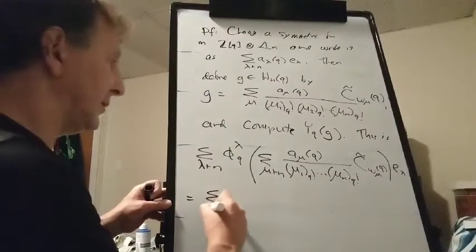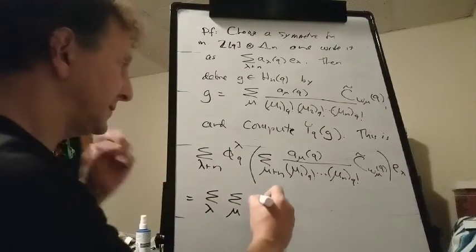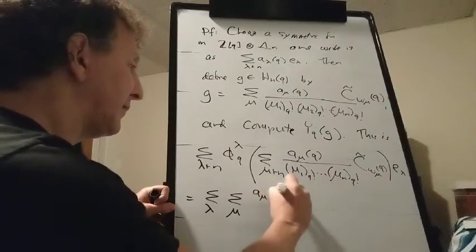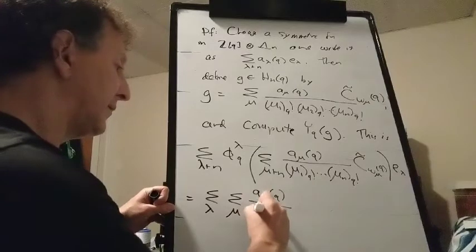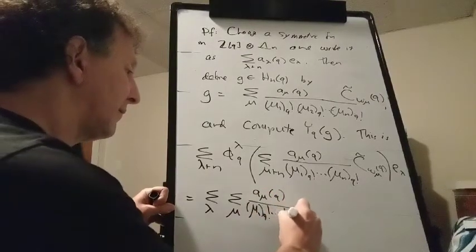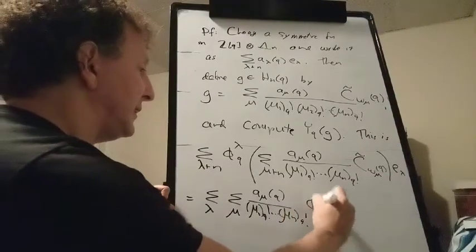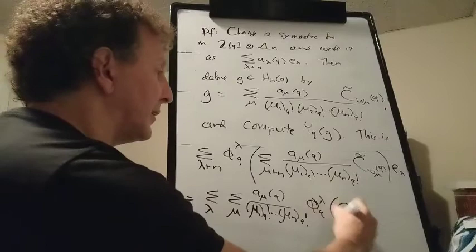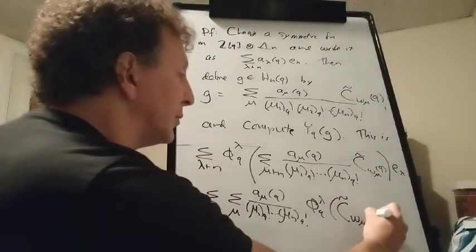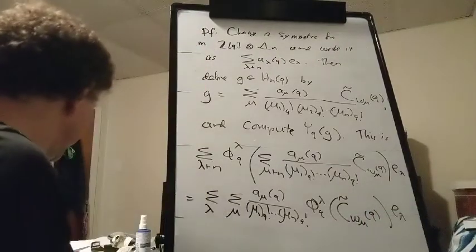So this is a sum over lambda of a sum over mu of coefficients times phi_lambda of C tilde w_mu of q, all of that times e_lambda.